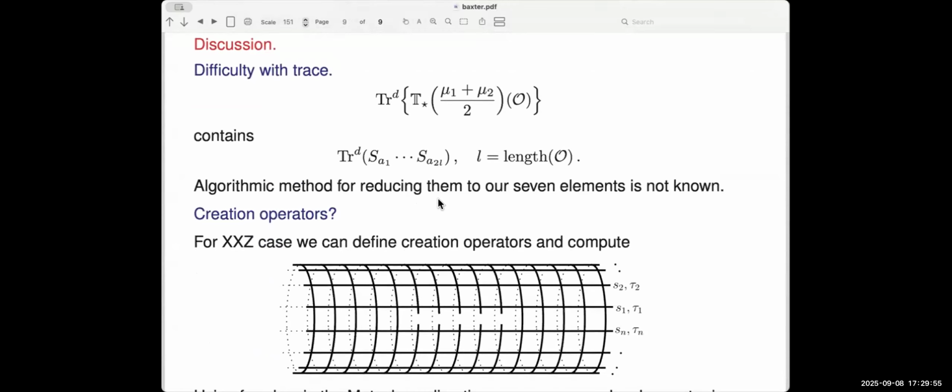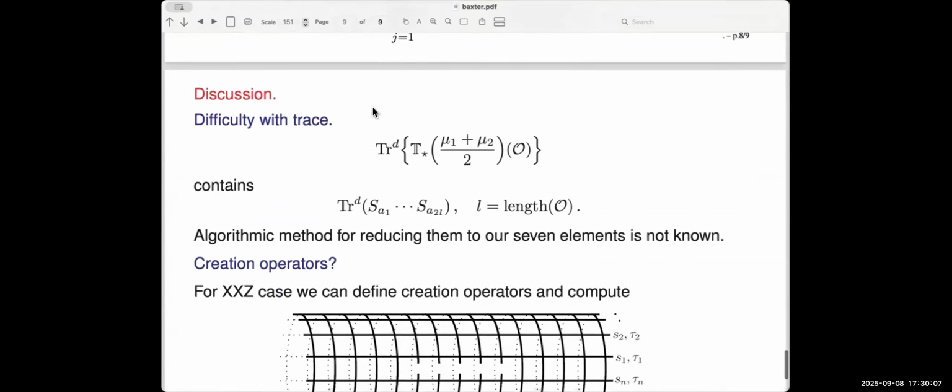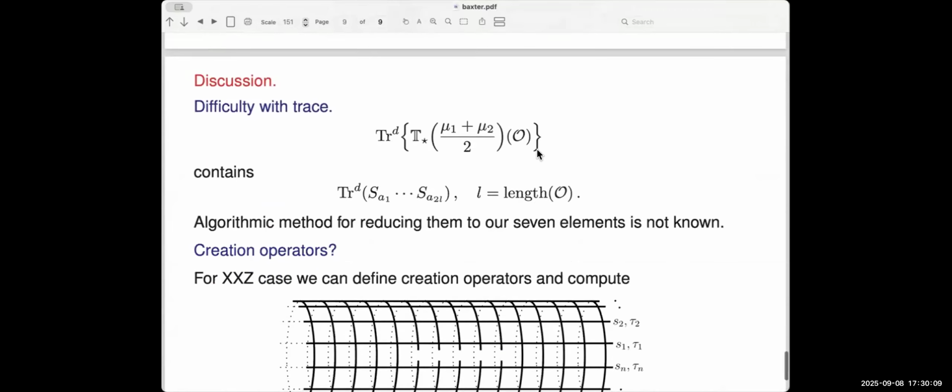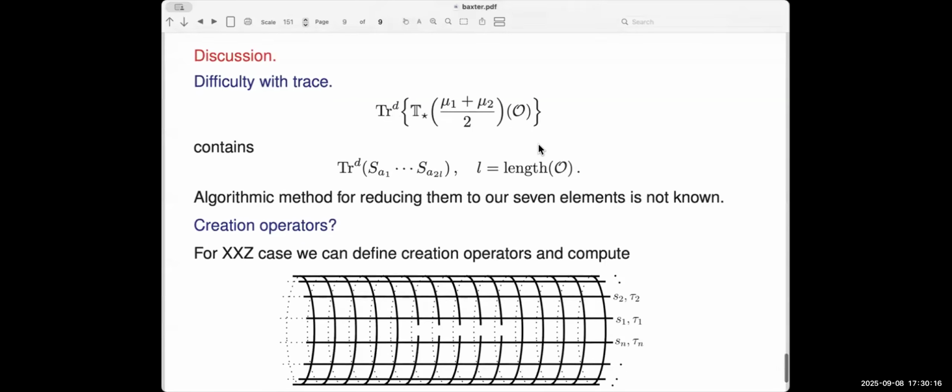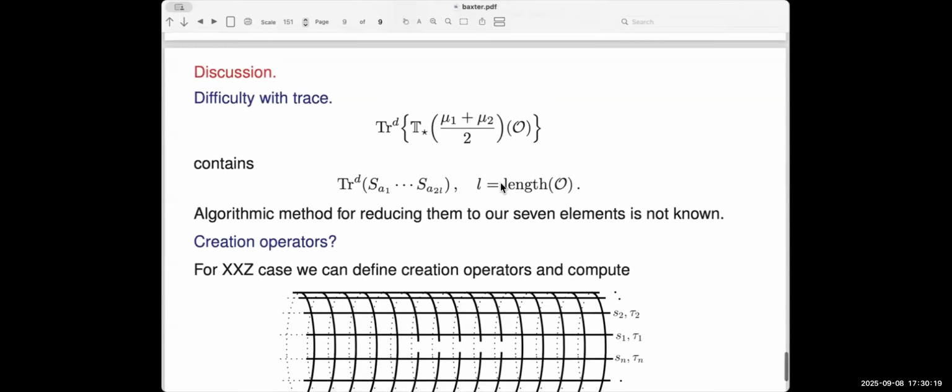First of all, there is a problem with the application of these results, because in this formula for Y, the trace over the Sklyanin algebra is present. In order to compute this for an operator with length L, we have to compute such traces for generators of the Sklyanin algebra.